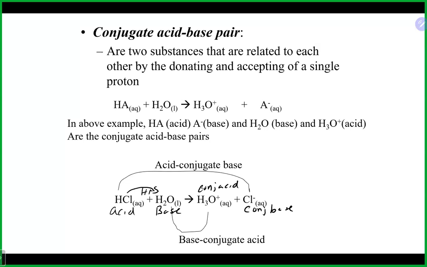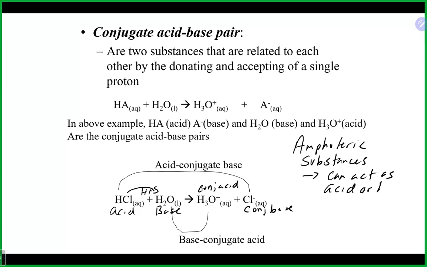And there are certain things that can act as both an acid or a base, and water is an example of that. They are known as being amphoteric. They can act as an acid or a base. And an example is, as we see here, water.